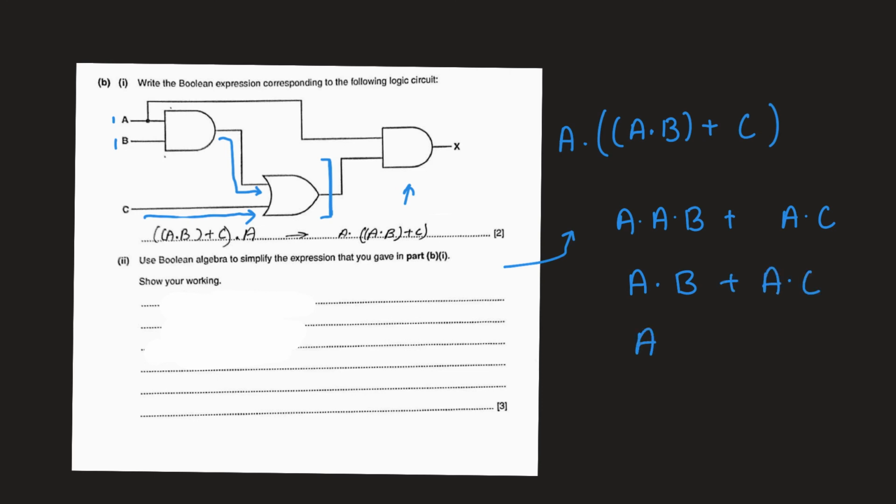Probably take A outside. We have A dot B plus C. Let's check our answer. Yeah, that's the same thing. Add the dot over here. Yep. Okay, now let's move on to the other one.